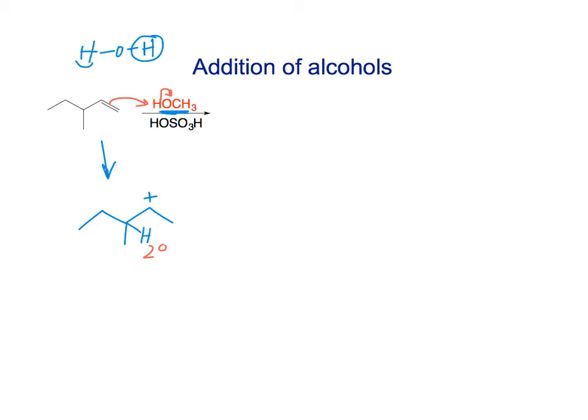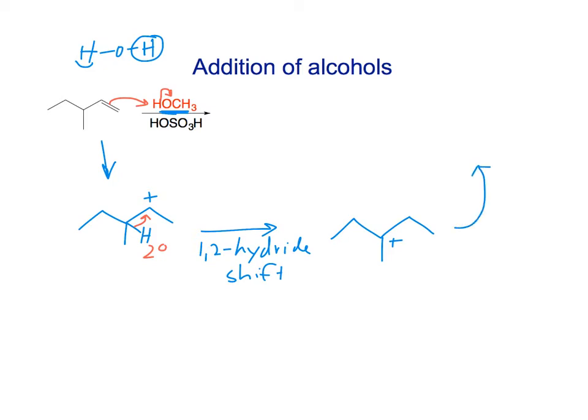So this molecule would likely do a 1,2 hydride shift to give a more stable tertiary carbocation, which can then react with the alcohol just like a water molecule would.